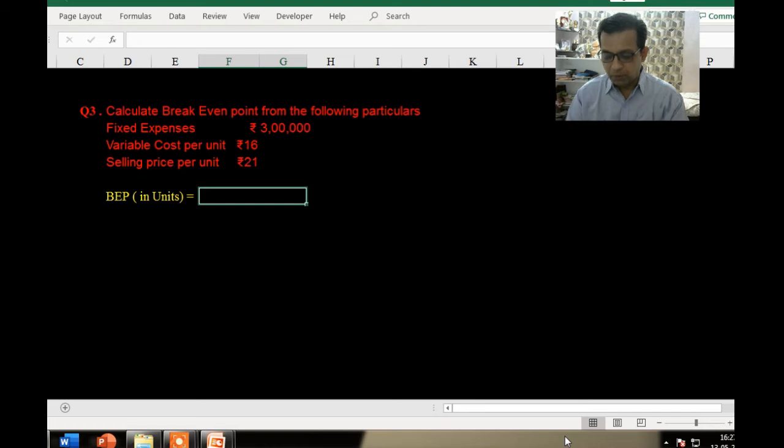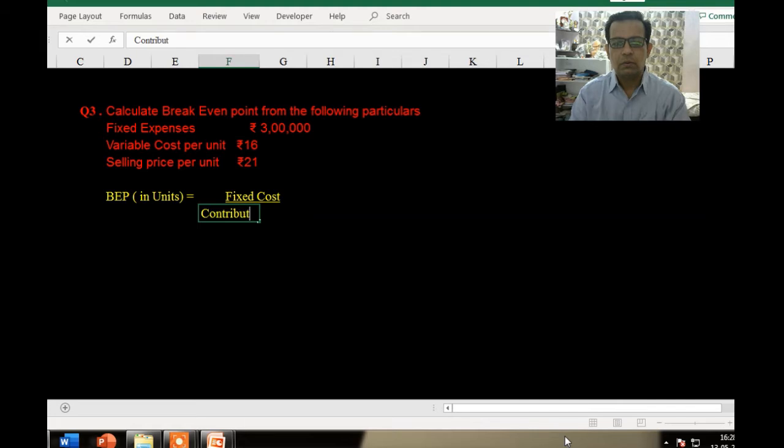I hope you remember the formula for calculation of BEP, which is fixed cost divided by contribution per unit. Okay, this is the formula to calculate our break-even point in units. Fixed cost is given ready-made to us, that's okay. We don't have contribution, so let's first calculate contribution.